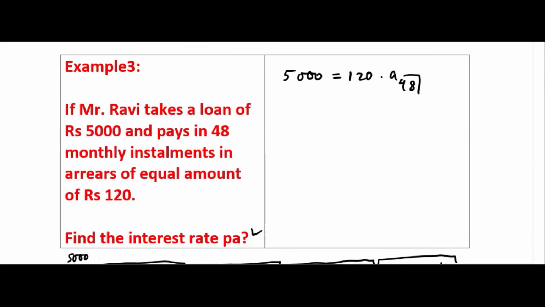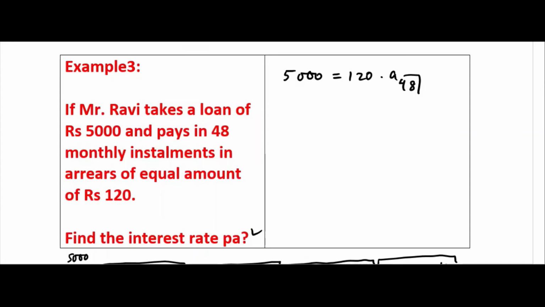Then you need to solve this equation. You will get I. That I will be monthly I. And then from monthly I, you have to find yearly I. Okay, these are 2 steps, that's all. That is the only difference between example 1 and example 3.